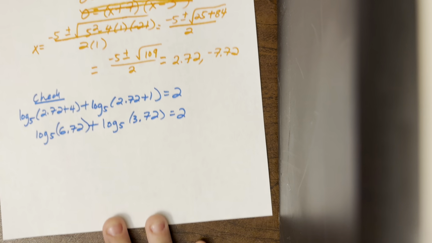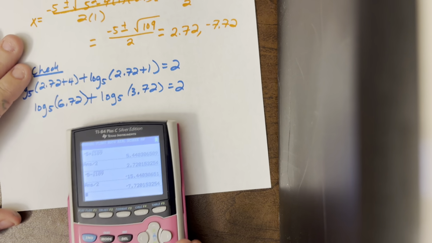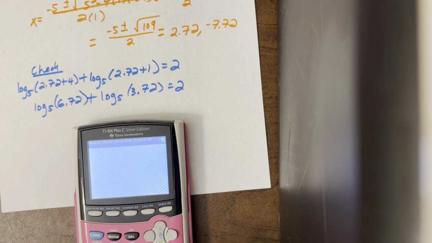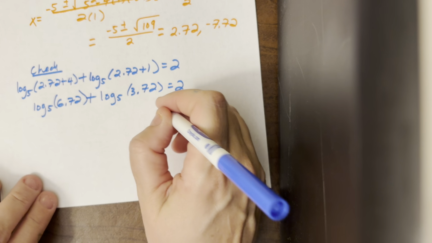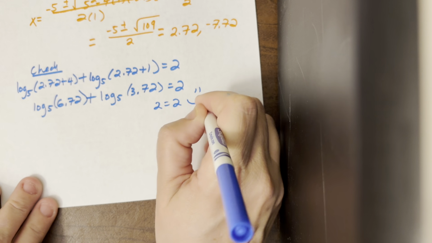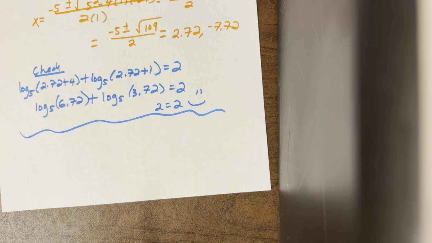All right, let's see if it works. I honestly have no idea. Log base 5 of 6.72 plus log base 5 of 3.72 is 1.99996. So we're going to say that's 2. Woohoo! Good enough.